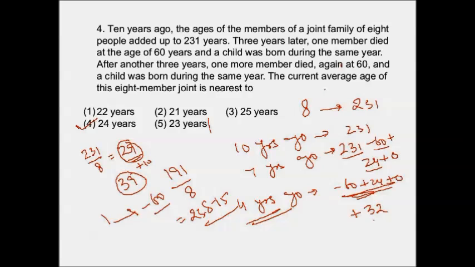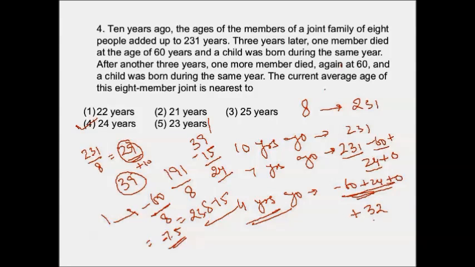Now when one of the numbers decreases by 60, my average should decrease by 60 by 8, that is 7.5. So the change in my average should be 7.5. And because it happened again, that means the total change in my average age of 39 should be 15. That means the current average age of the family should be 39 minus 15, which is 24 years. So this will save our time in solving the question.